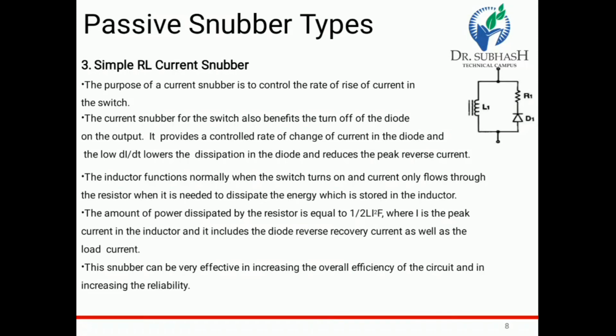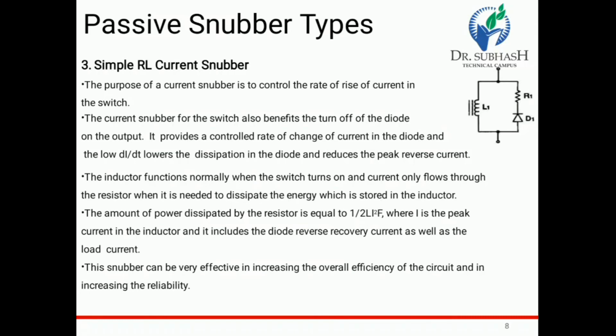The inductor functions normally when the switch is turned on, and the current only flows through the resistor when there is a need to dissipate the energy which is stored in the inductor. The basic function of the inductor is to store energy.